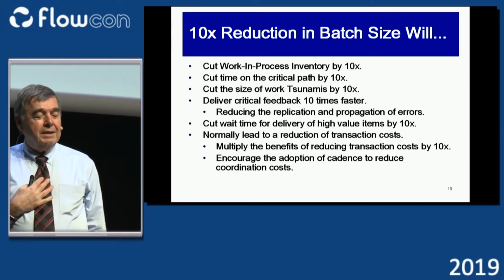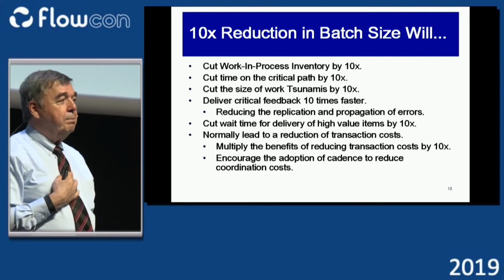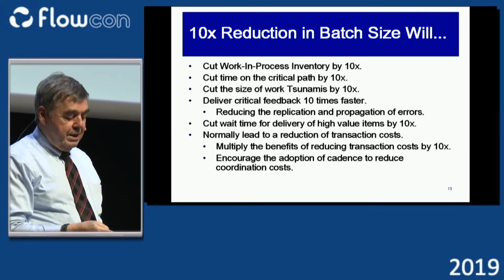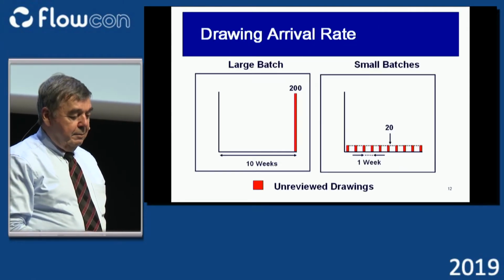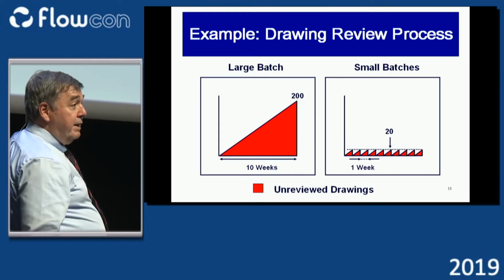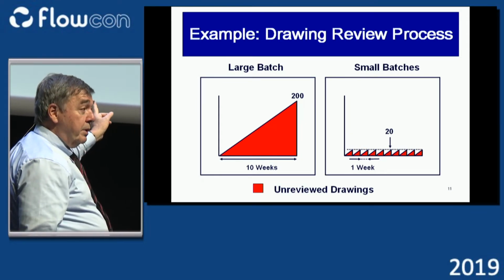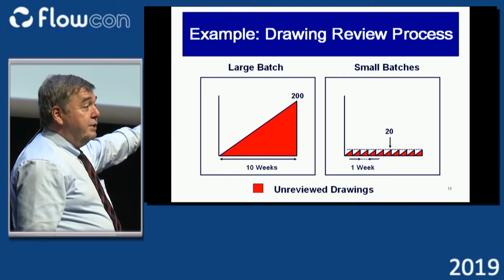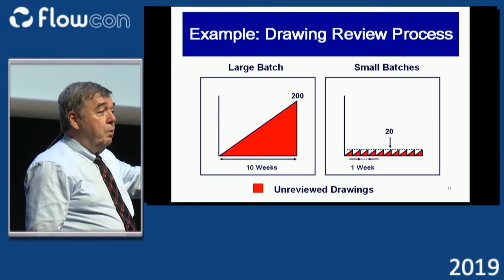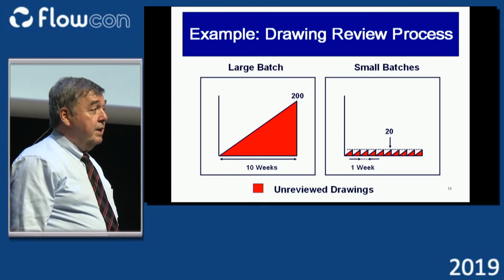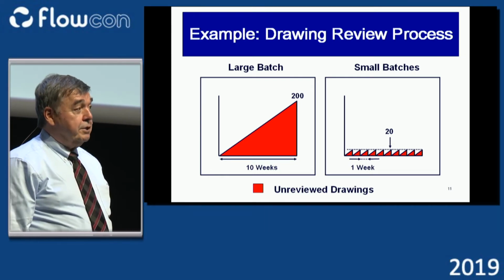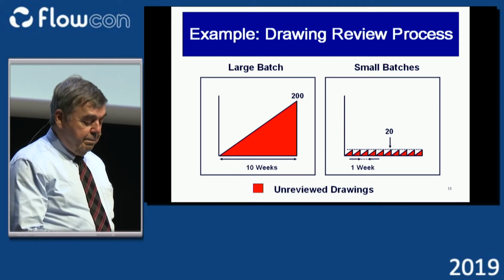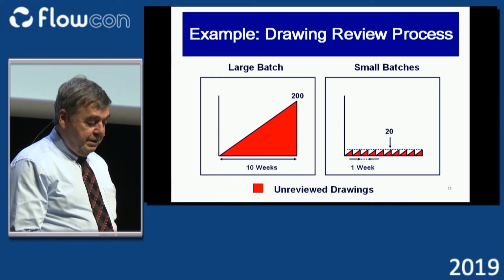The first thing that happens is my work in process inventory goes down by a factor of 10, because the red shaded area on that chart is the work in process inventory, and the area of those 10 small triangles is 1/10 of the area of the large triangle. So you get a 10x improvement in your work in process inventory.